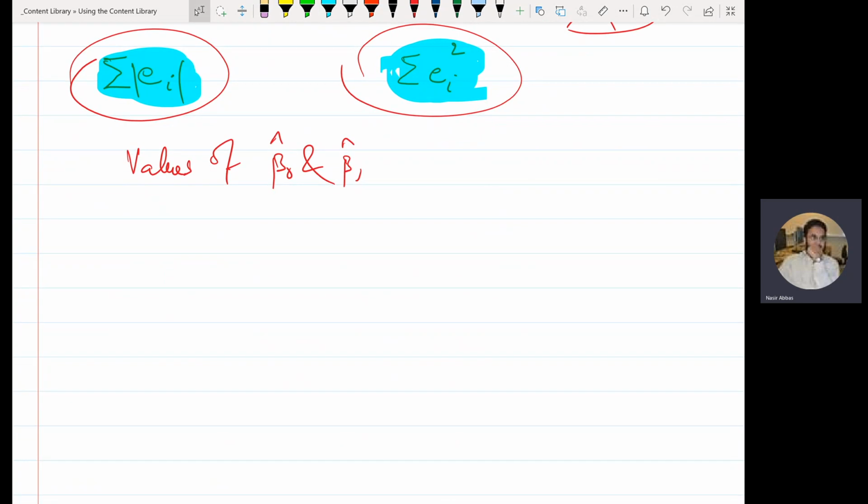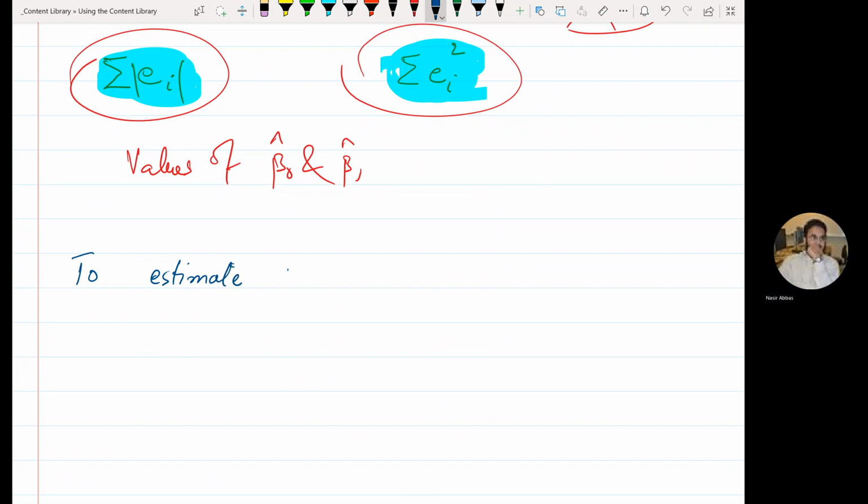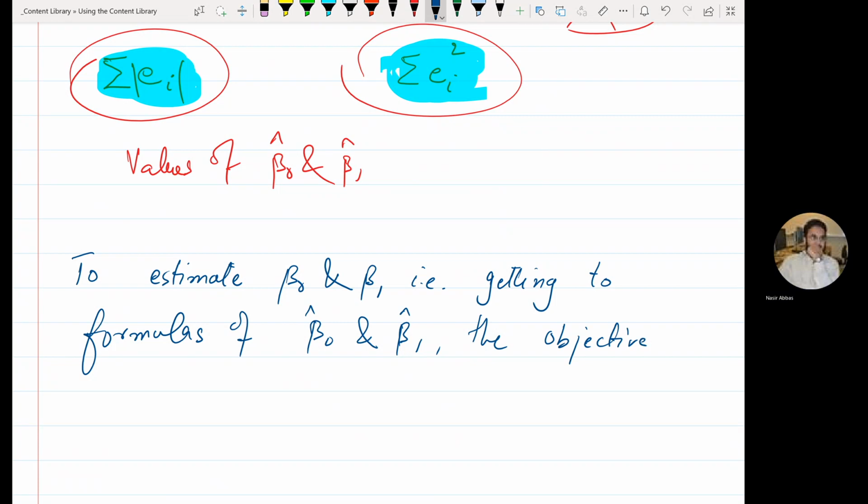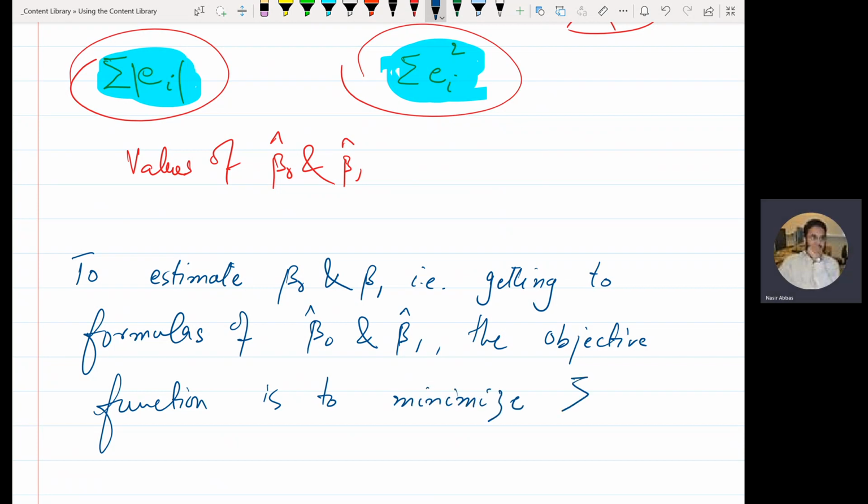So the objective function to estimate beta naught and beta 1, that is, getting to the formulas of beta naught hat and beta 1 hat, the objective function is to minimize the summation of e_i squared.